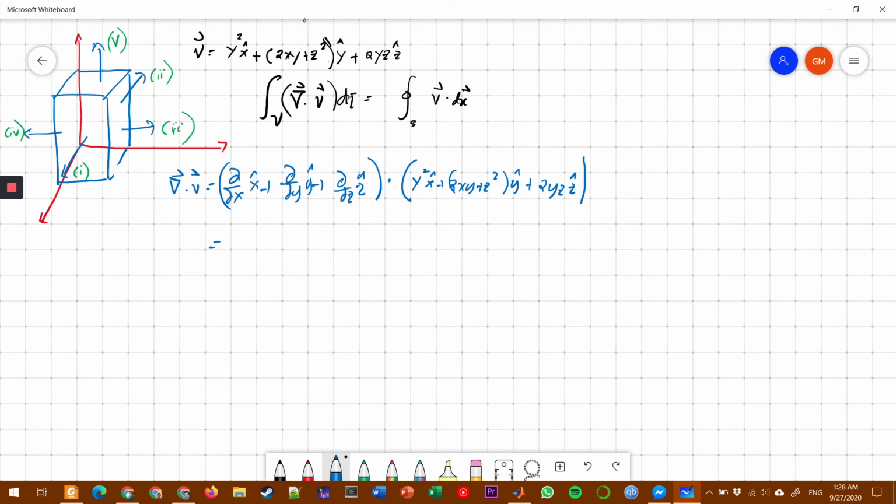So we have the derivative with respect to x, which is 0. With respect to y, this becomes 2x only, and then the derivative with respect to z is 2y, so plus 2y. And so therefore, this is just 2x plus y. Right?